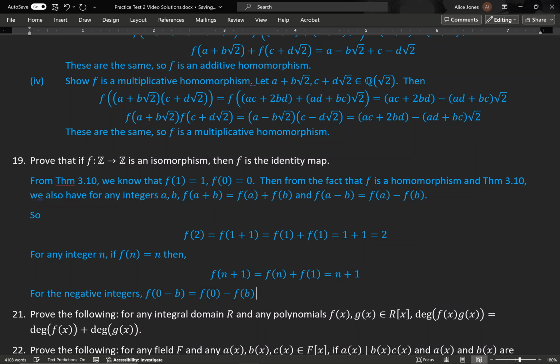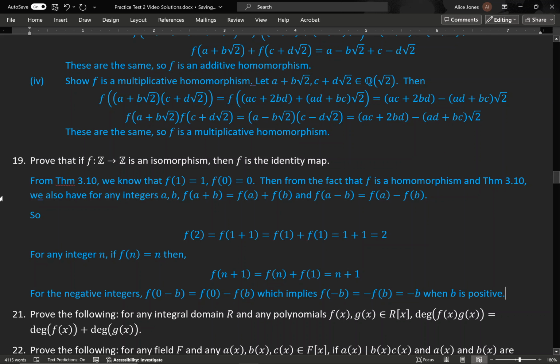So that means f of negative b is going to be negative f of b. And since you already know that for any integer, it's the identity map when the integer is positive, that's going to be basically just negative b. All right, so f of negative b equals negative b when b is positive.